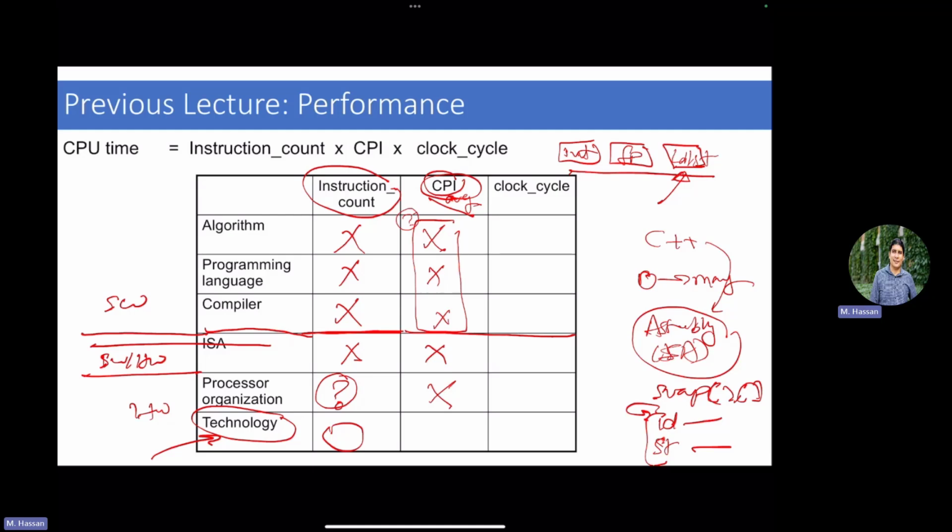Cycle is not really saying how many transistors I take there and how fast in real time I run. I'm talking about cycles, which is the time unit at the organization level. How fast is that cycle? Well, that's a different story. How fast the cycle is is not part of CPI. It's part of what? Clock cycle or frequency, right? So technology here, again, I would have a question mark. Likely not.